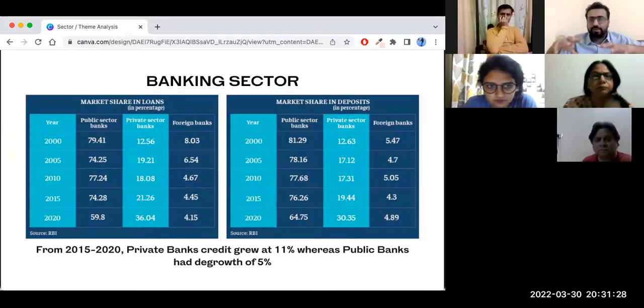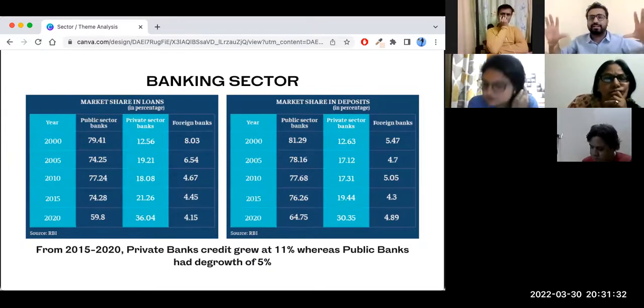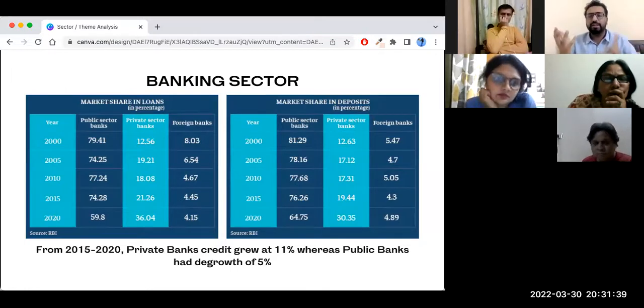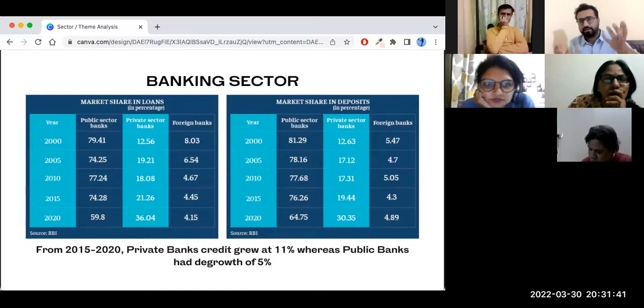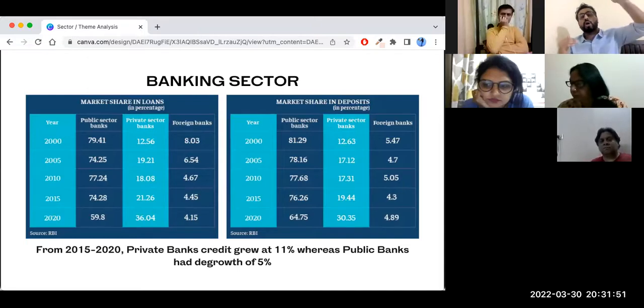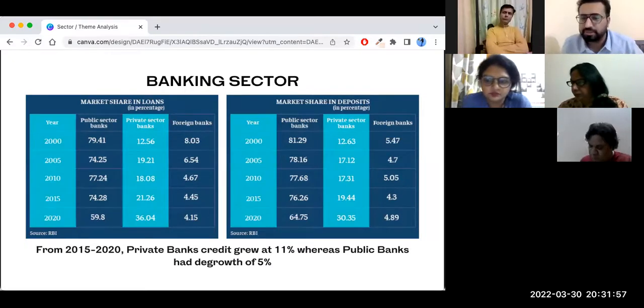When we deep dived, we realized the banking sector is made up of two major types of players: private sector banks and public banks. Public banks have had a degrowth of 5%, private banks a growth of 11%, which is why the average we see is close to 2.5 to 3.5%.